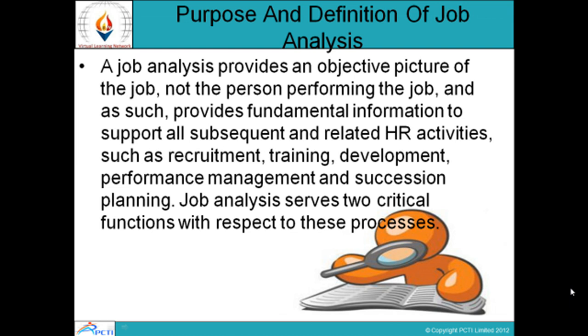This is all related to future activity, and it always helps in future activities. So the HR activities include recruitment, training, development, performance management, succession planning. So job analysis has two very critical functions with respect to this process.